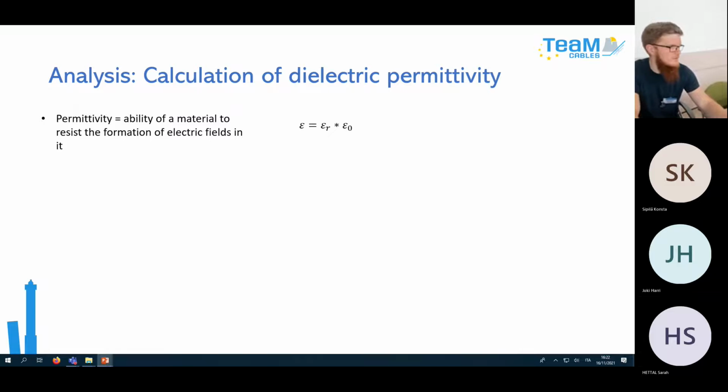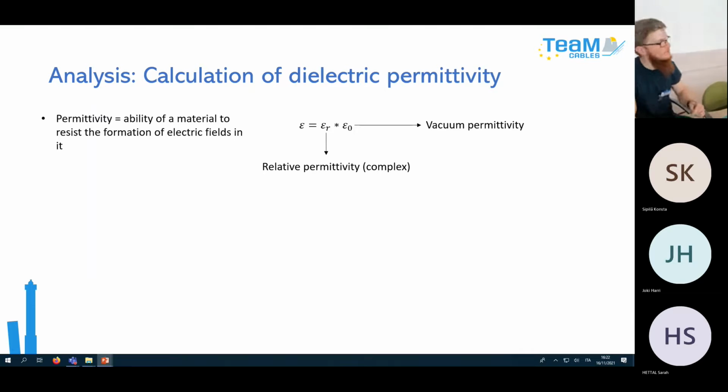The basic formula is epsilon equals epsilon r times epsilon 0, where epsilon 0 is the vacuum permittivity and epsilon r is the relative permittivity, which is a complex value. You can say epsilon r equals epsilon r prime plus i epsilon r double prime.